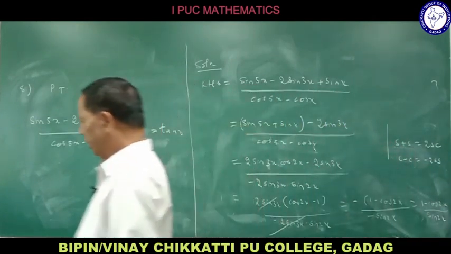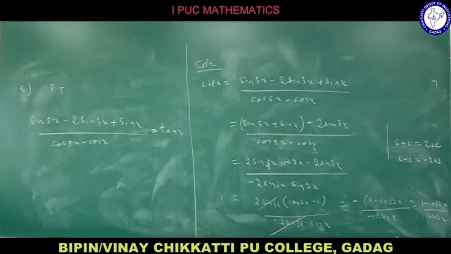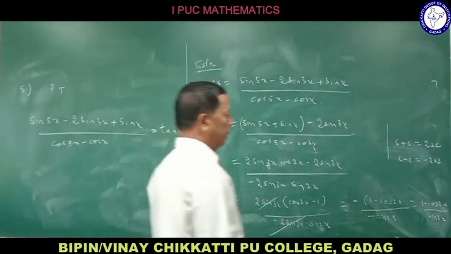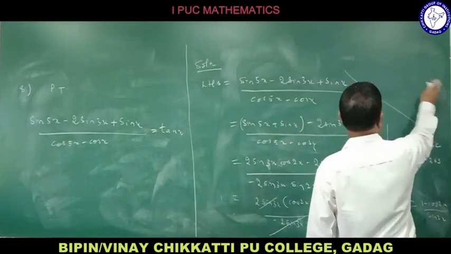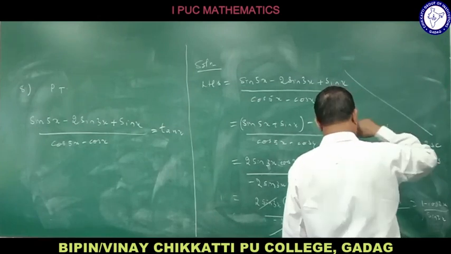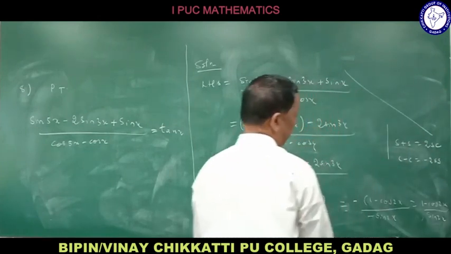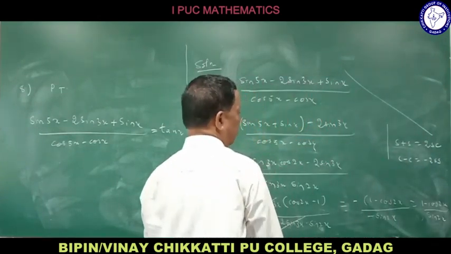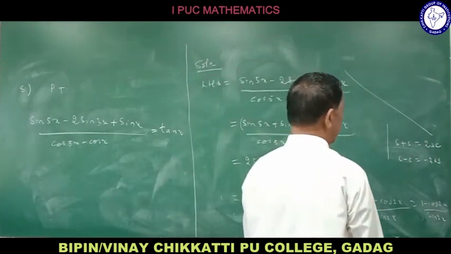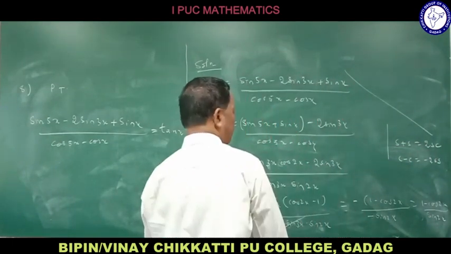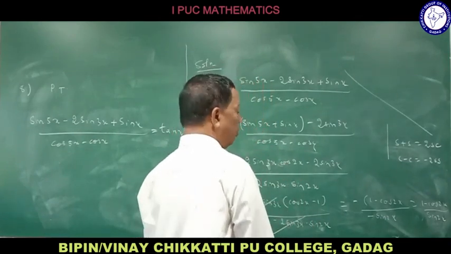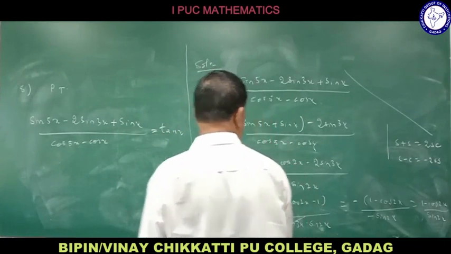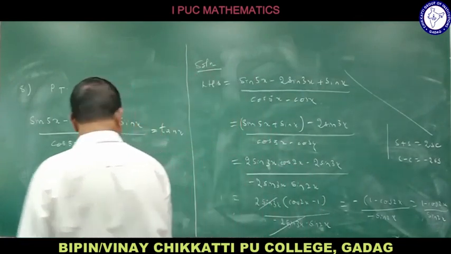Try to understand that cos 2x is equal to 1 minus 2 sin square x, so 1 minus cos 2x is 2 sin square x.